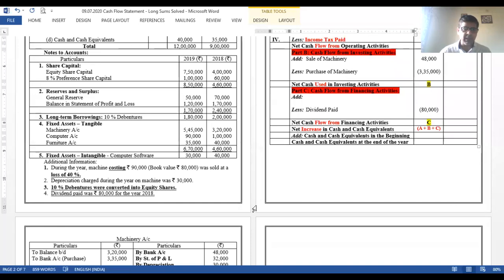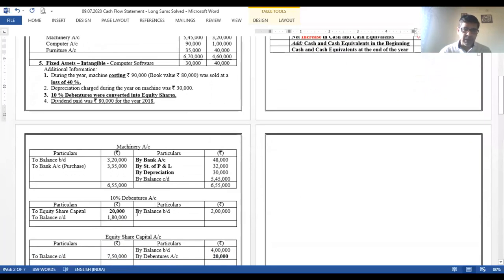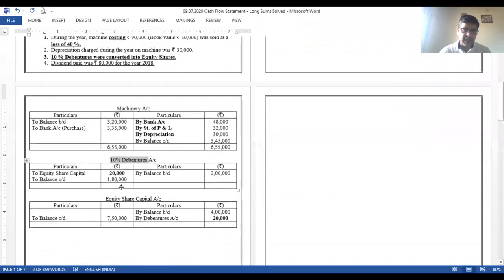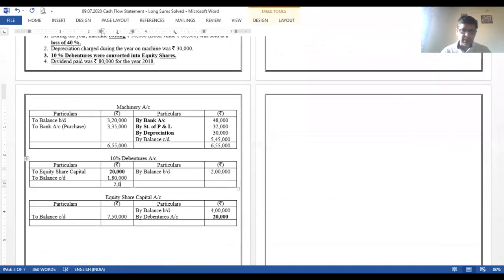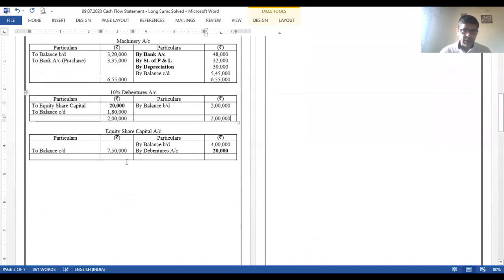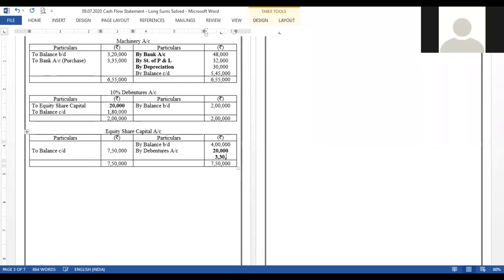3,35,000. Okay, done. The second ledger account is debentures. Debentures can be seen as 2 lakh and 2 lakh because we had taken the difference. So there is no difference after the redemption of debentures. Equity share capital. The total on the debit side can be seen as 7,50,000. So over here 7,50,000. Now how much is the difference? 3,30,000.